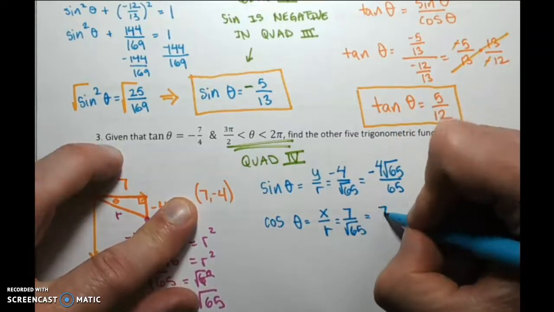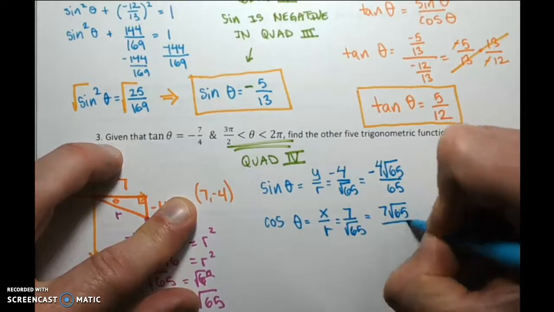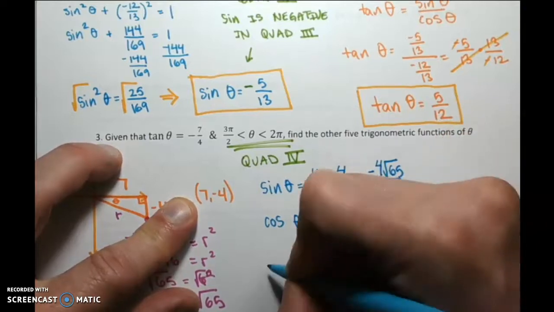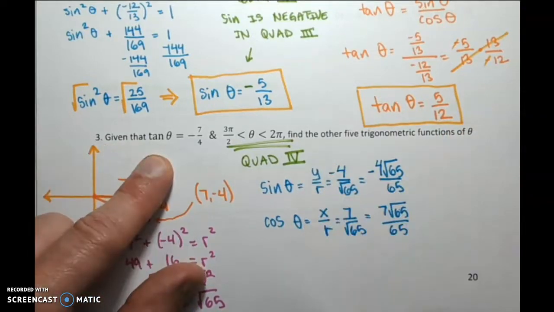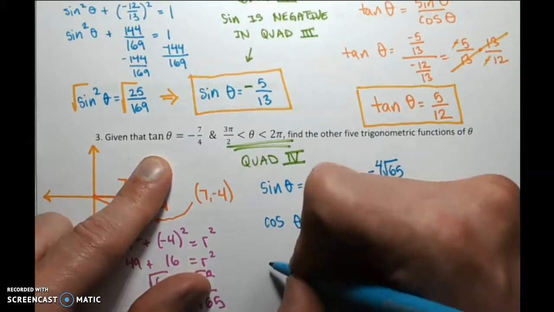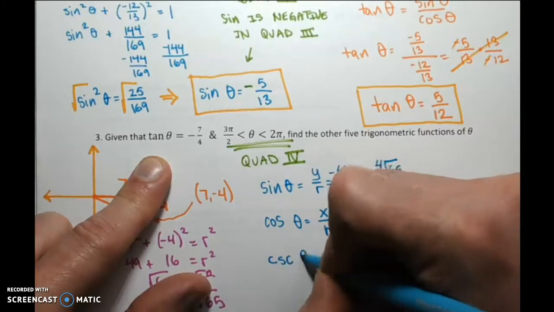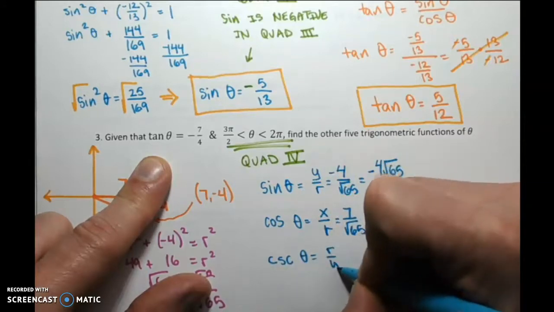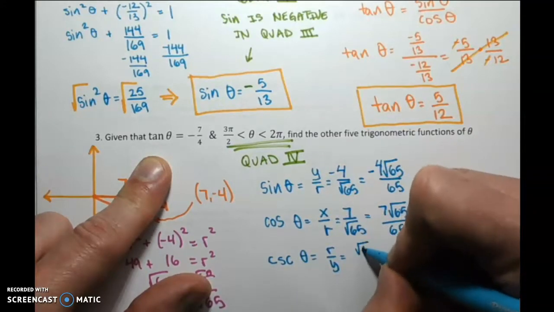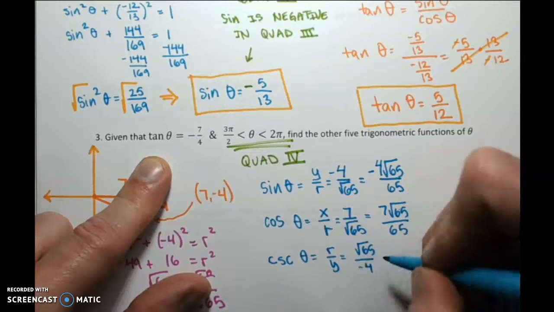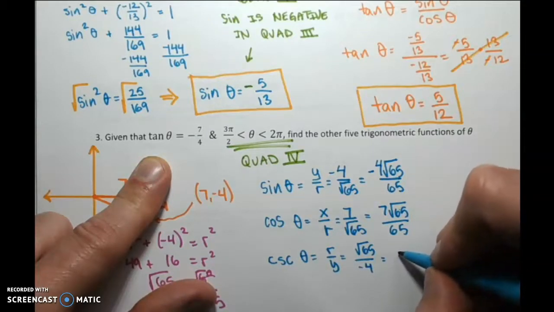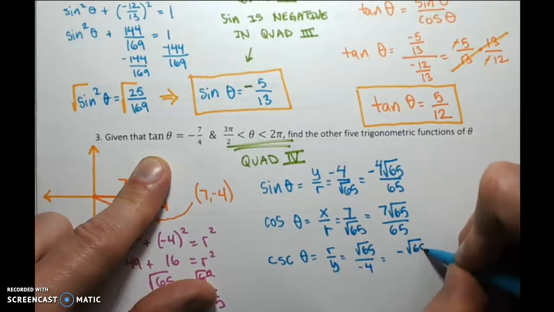And that equals 7 root 65 over 65. Tangent is given to me, so I don't need that one. I'm going to just keep on going here. So cosecant theta is r over y, which is root 65 over negative 4. And that's it. Just negative root 65 over 4.